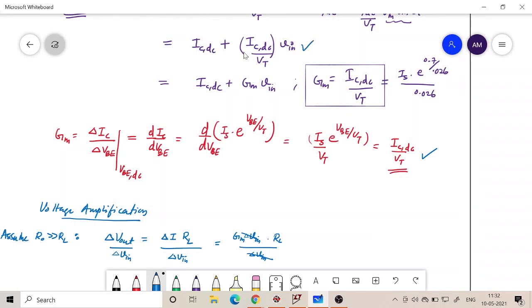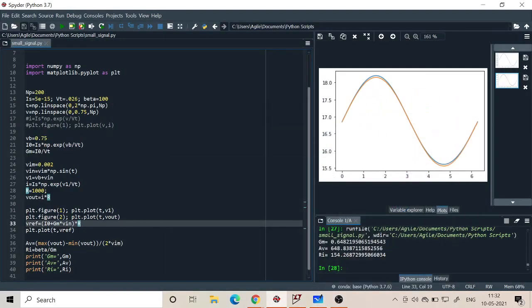I naught is the DC part, and then GM into Vin is what we defined as the current variation. Multiply that with R, and that will give you the linear approximation.